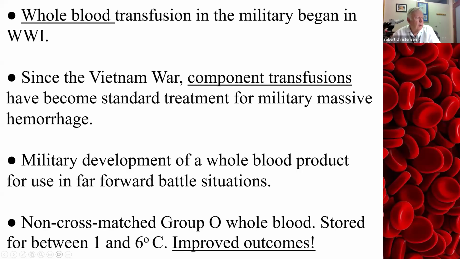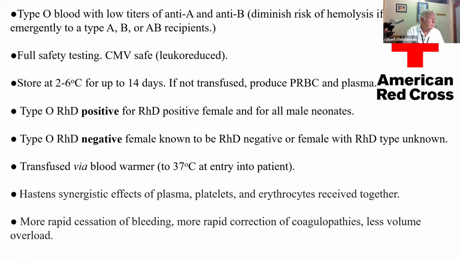And this whole blood product was non-cross-match. It's Group O. It's whole blood. It's stored in the refrigerator and given through a point of care warmer. And the military data is very convincing that it is a better treatment than serial components.